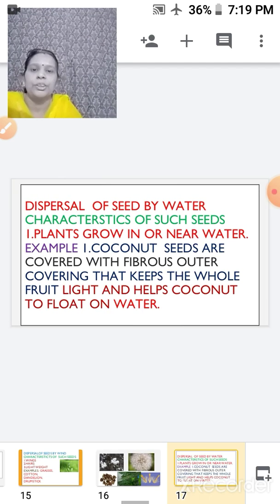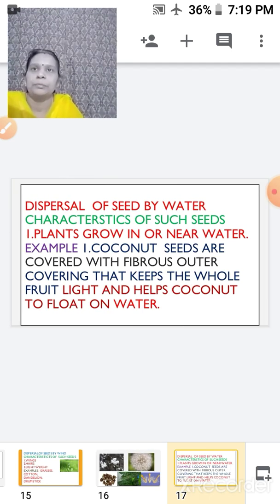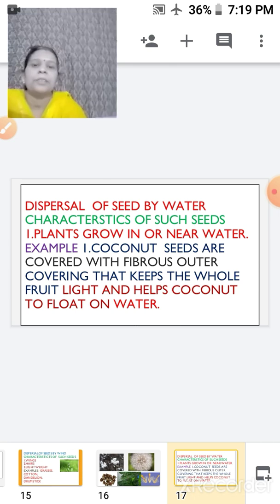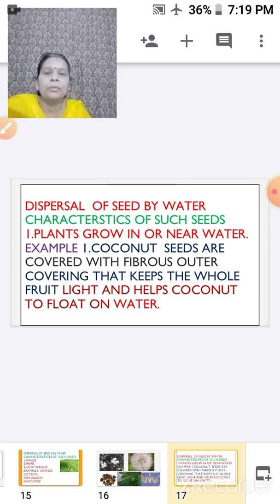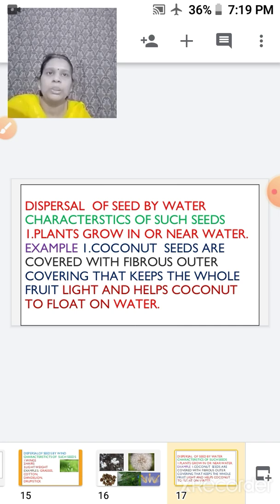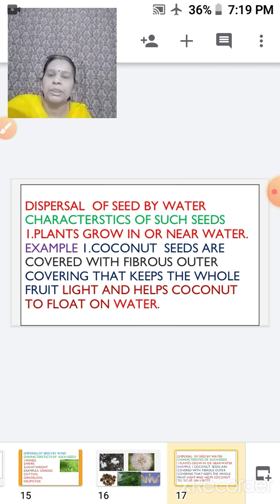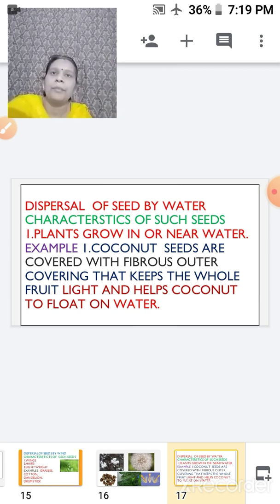The second agent is water. For this the seeds will have some characteristics again. Plants which grow near the water are carried away by the water to different places. Here we have a very common one, that is your coconut.